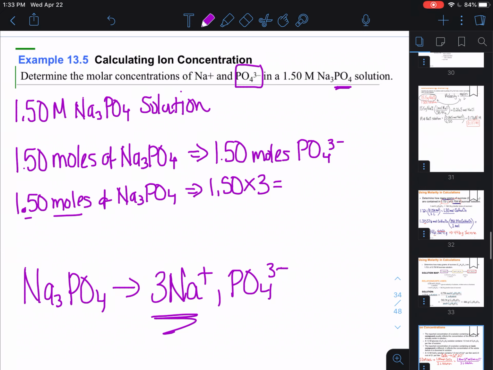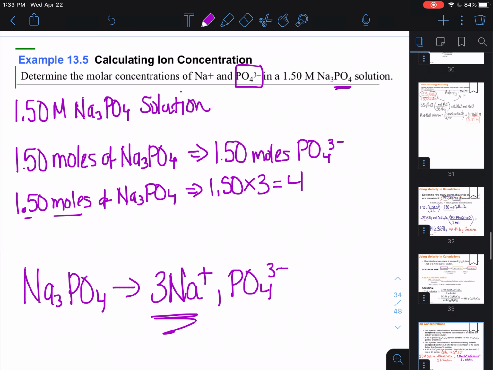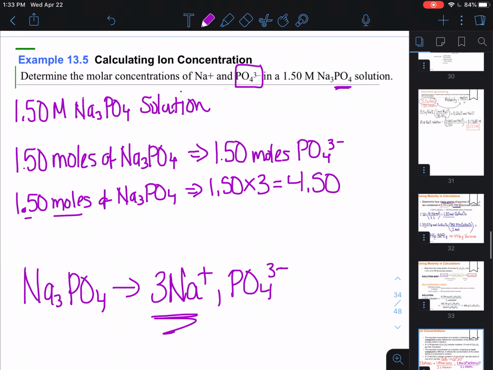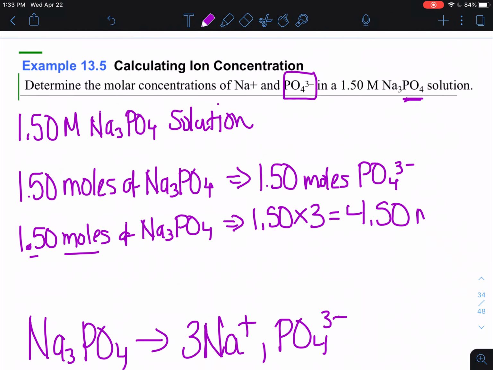So that's going to be 4.50 mole Na plus. Okay, and again, I multiplied this by 3 because there are 3 sodium cations.